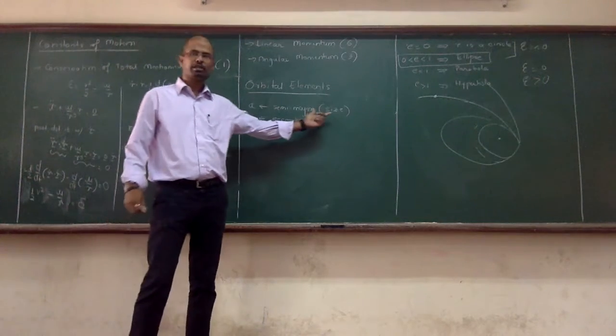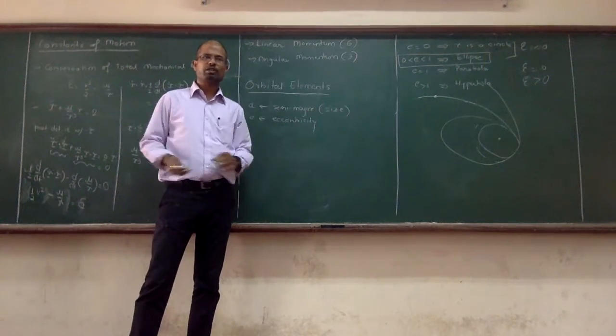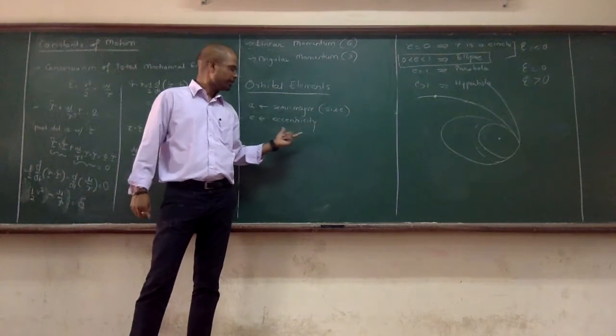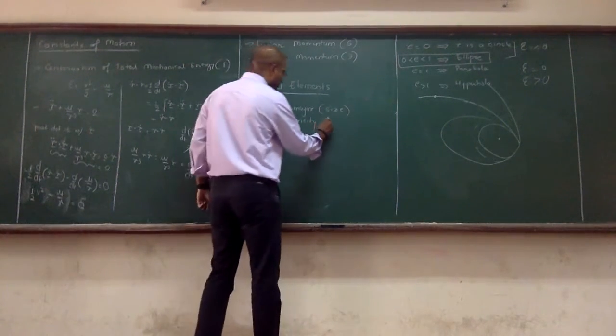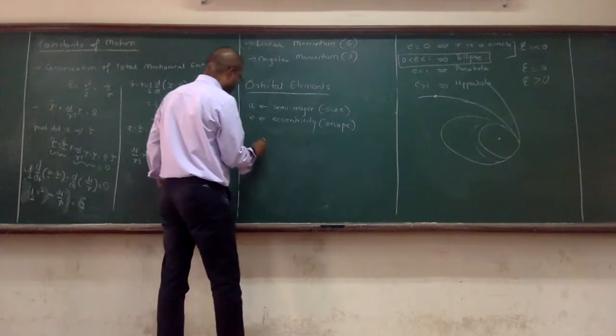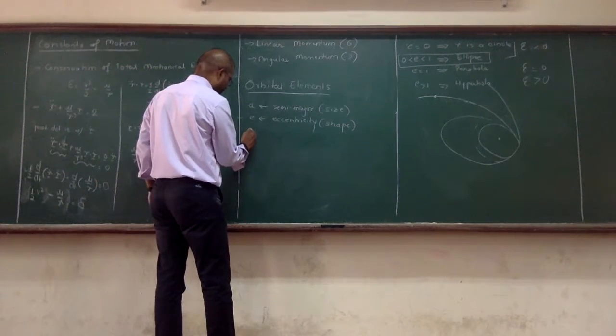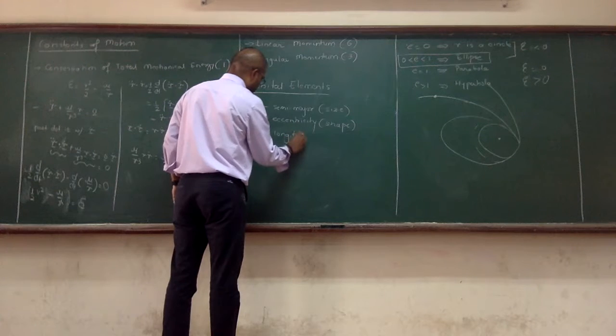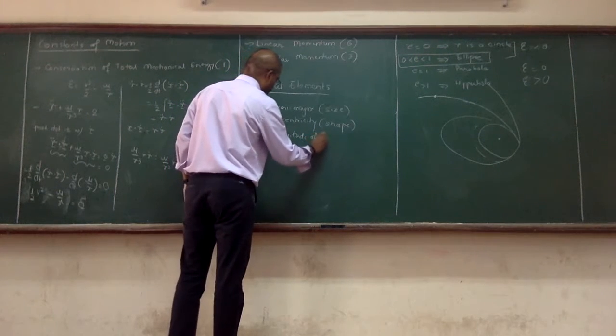Makes sense? The larger the semi-major axis, the larger the orbit. E defines the shape of the orbit, exactly. And the 3 elements: capital Omega, which is called the longitude of the ascending node.